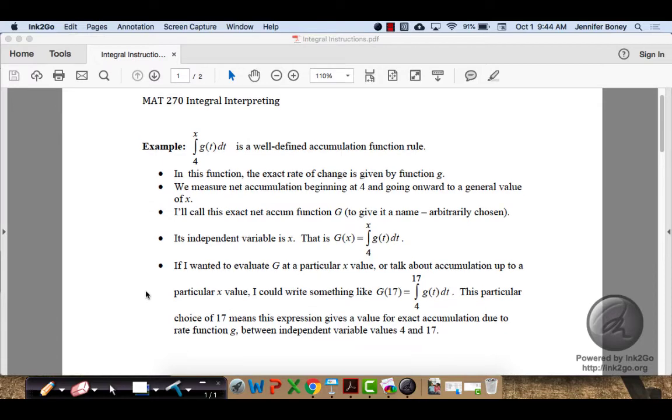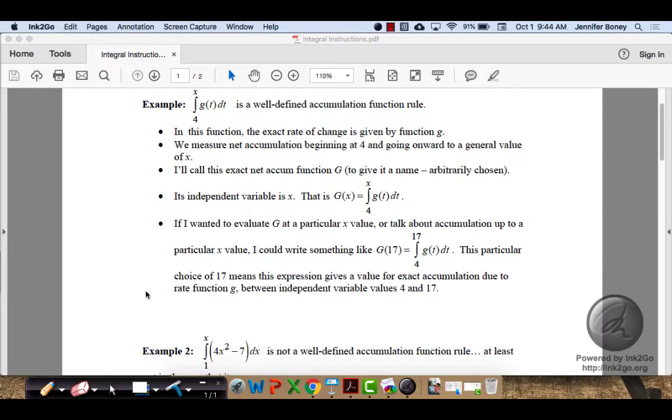In any case, I think I talked about most of the pieces in there. If I wrote something like capital G, I was using capital G to be the name of the accumulation function, whereas lowercase g was the rate function, both exact. So I've got an exact rate function, lowercase g, and I named my exact net accumulation function uppercase G. Sometimes that technique of lowercase and uppercase is used when there's no specific meaning to it; I just arbitrarily picked it.